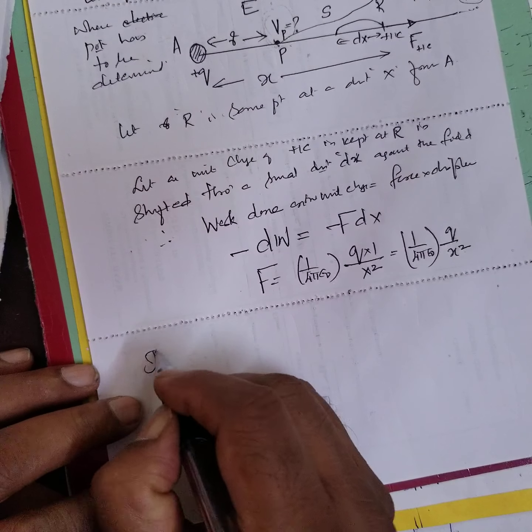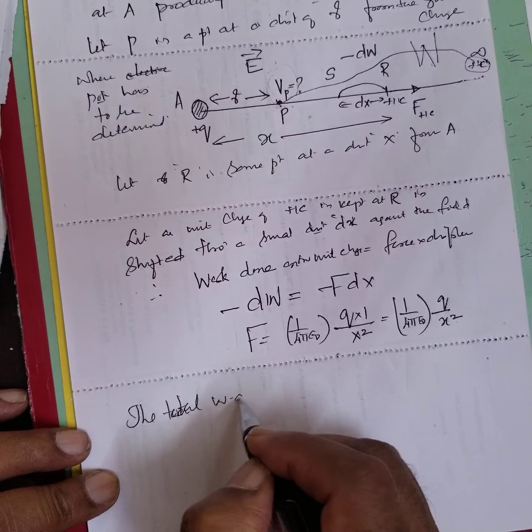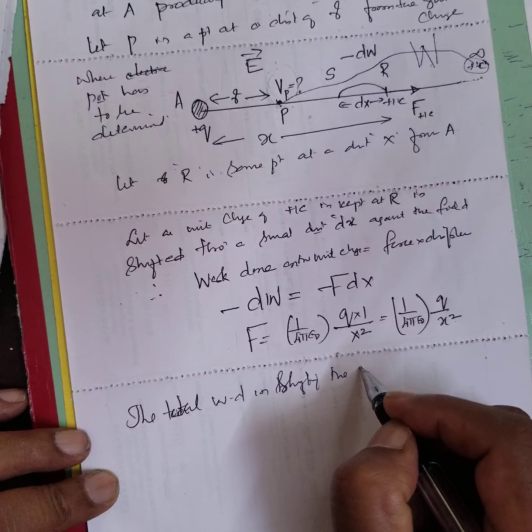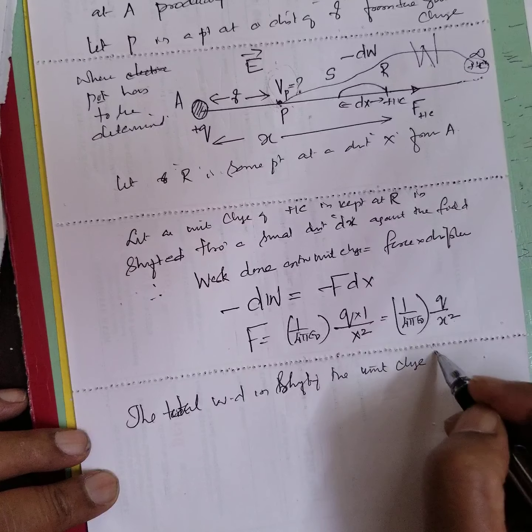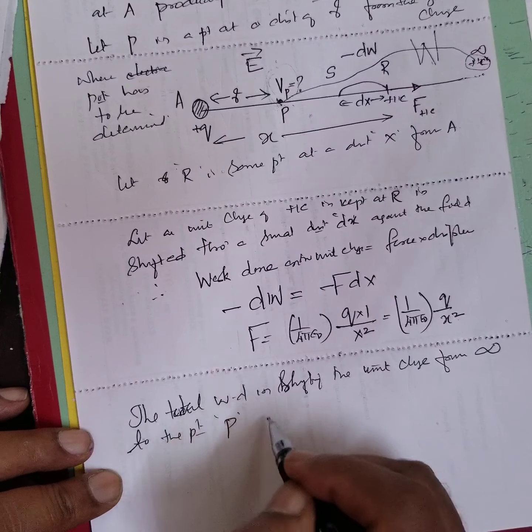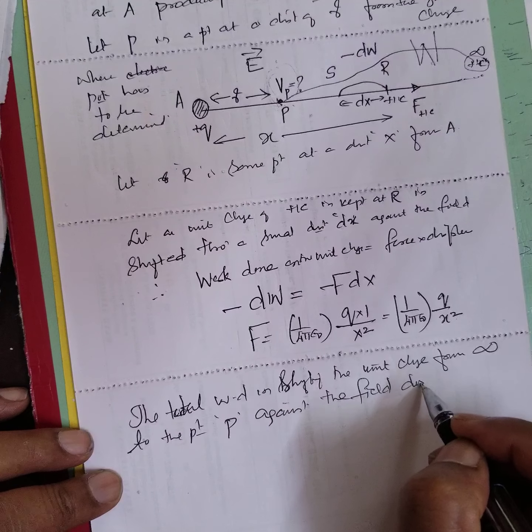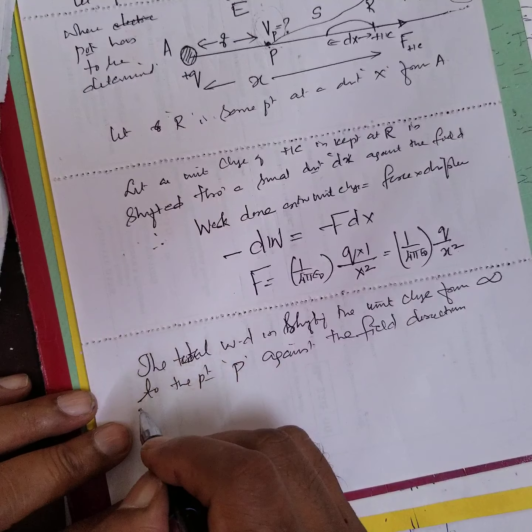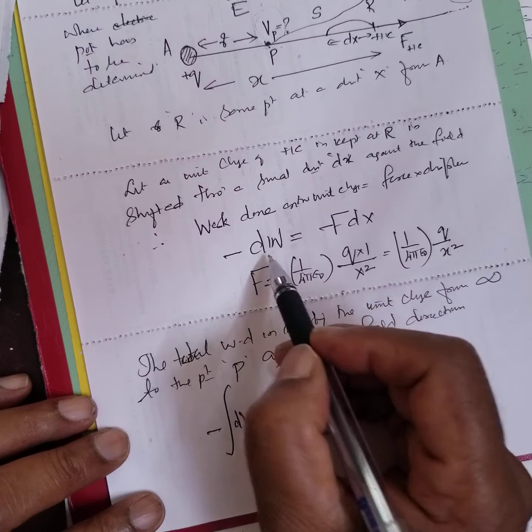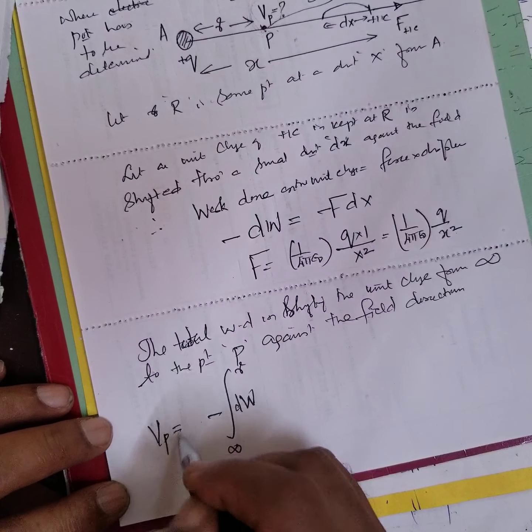Therefore, the total work done in shifting the unit charge from infinity to the point P against the field direction is the same as potential by definition.